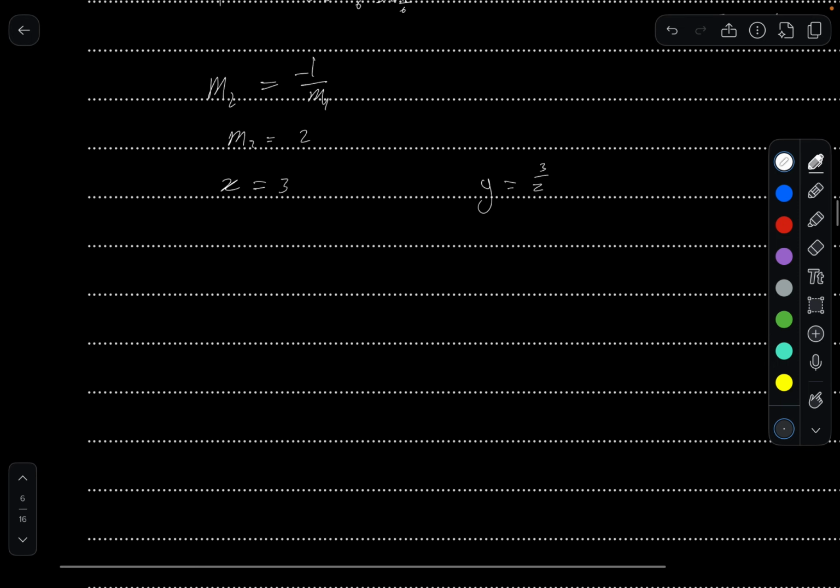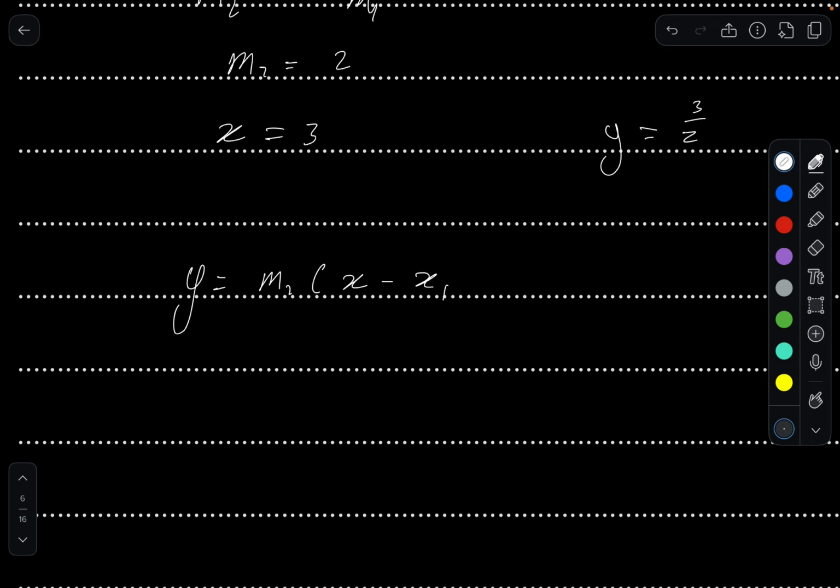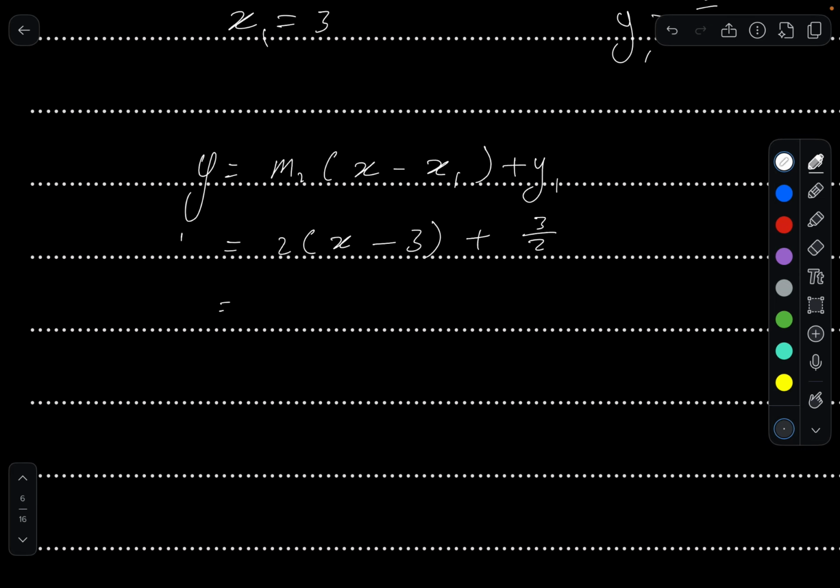Now, you find the equation of the normal, so y equals the gradient, which is m2. I'm just going to say m2 times x minus x1, where this is x1 and this is y1, plus y1. Now, I substitute in: 2 times x minus 3, plus 3 over 2. Now I have 2x minus 6 plus 3 over 2.